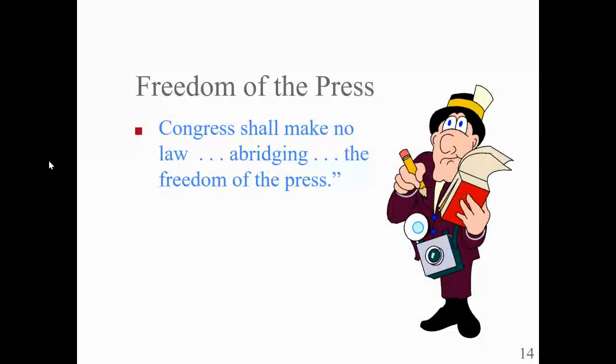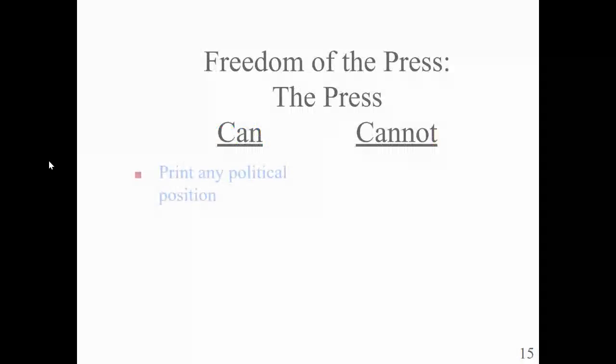So the press, freedom of the press says Congress shall make no law abridging the freedom of the press. Congress is not allowed to limit the press of printing or publishing whatever they want to along those lines, as everything else has limits. So does this.